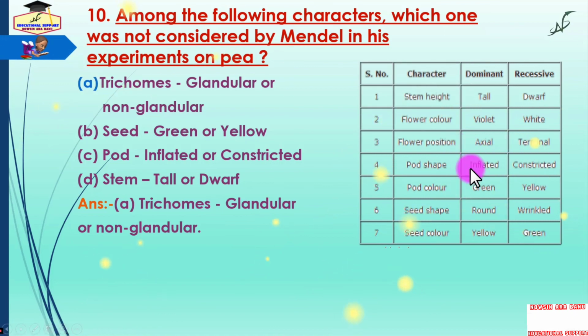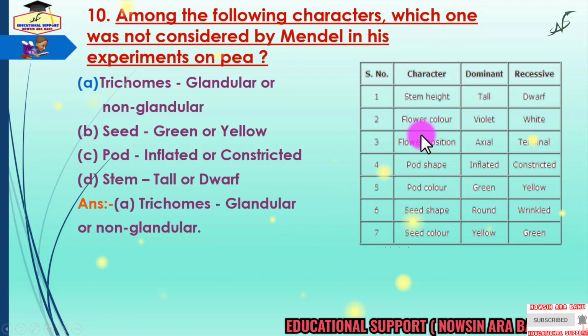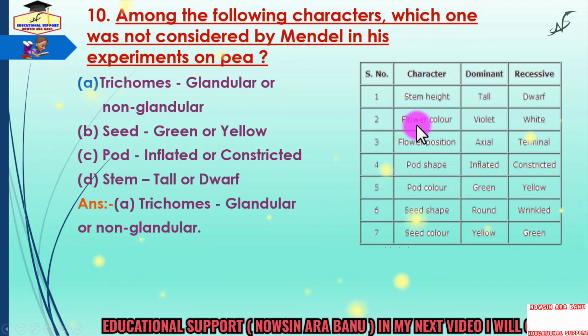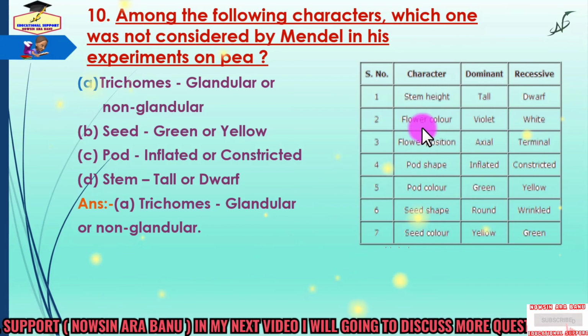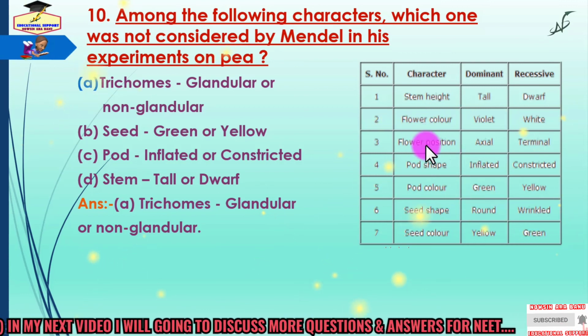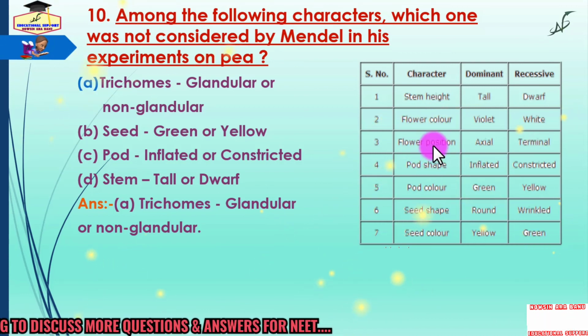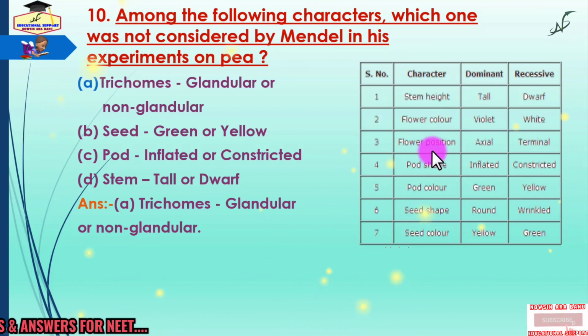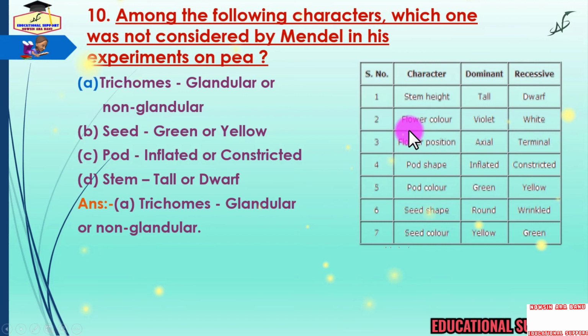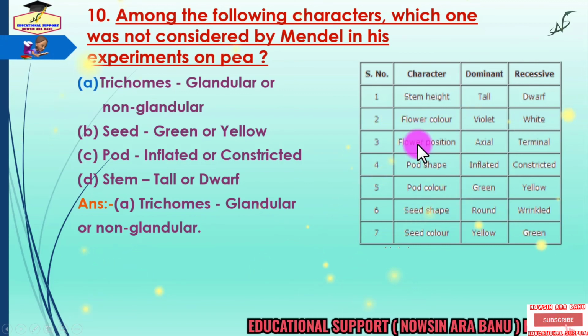Because Mendel conducted hybridization experiments on garden peas for several years and proposed the laws of inheritance in living organisms, wherein it is for the first time that statistical analysis and mathematical logic were applied to problems in biology.